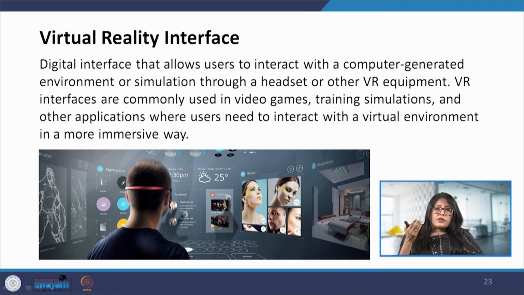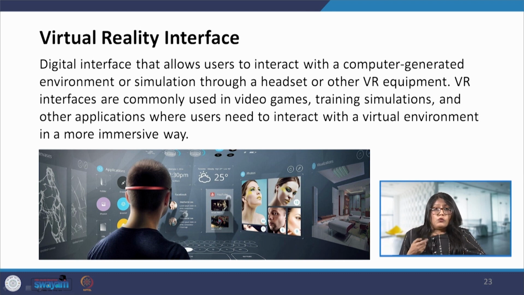So, these VR interfaces we see are very commonly used in gaming, in training, in aircraft training simulators. So, a lot of applications are there, and they give that immersive experience to the user, where they respond to the stimulus they are being given the way a person would respond if they were in the real situation out there.